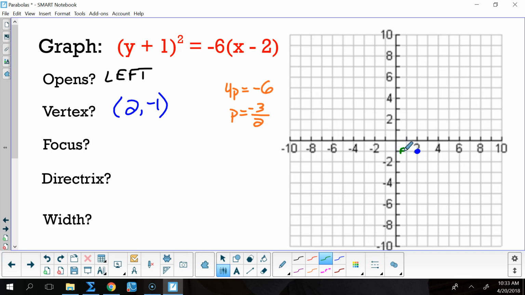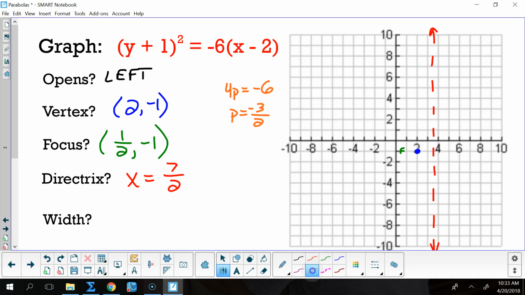So that puts my focus at 1/2, comma, negative 1. My directrix is 1.5 to the right, which is a vertical line, so that's x equals 3.5, which is 7/2.